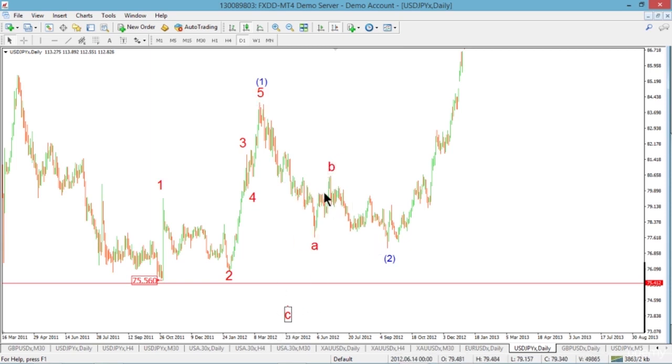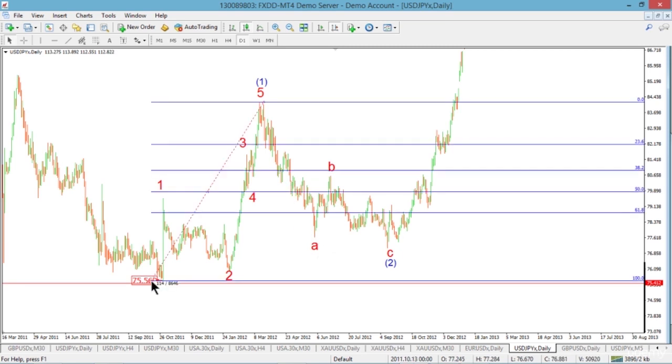In reality, this was probably a WXY complex correction to the downside, but ABC will suit for these purposes because it indicates a correction. Now with a wave 2 correction, like I said in the previous video, we can be expecting price to move down into the territory of the wave 1 at one lesser degree.